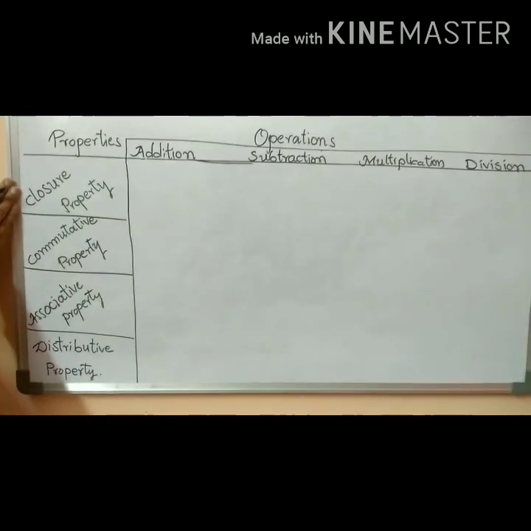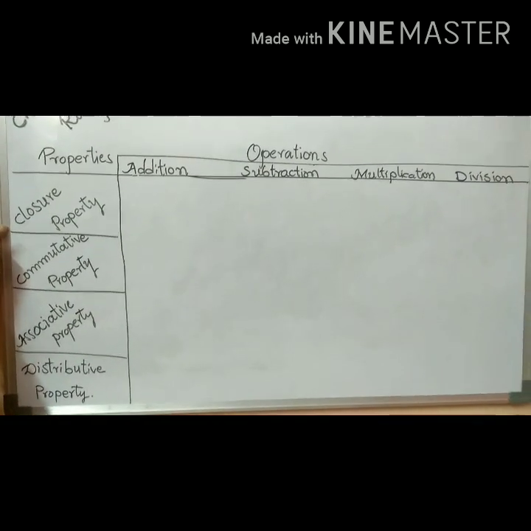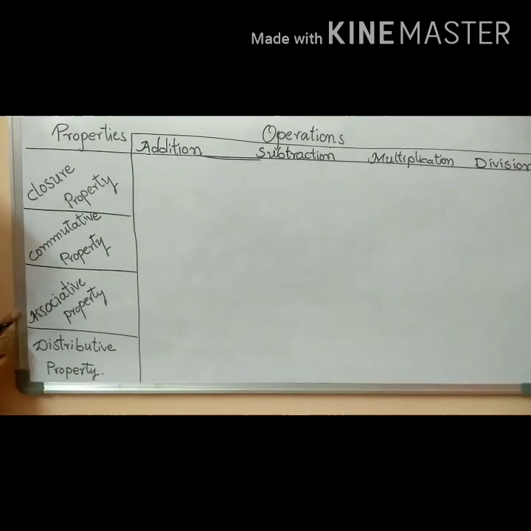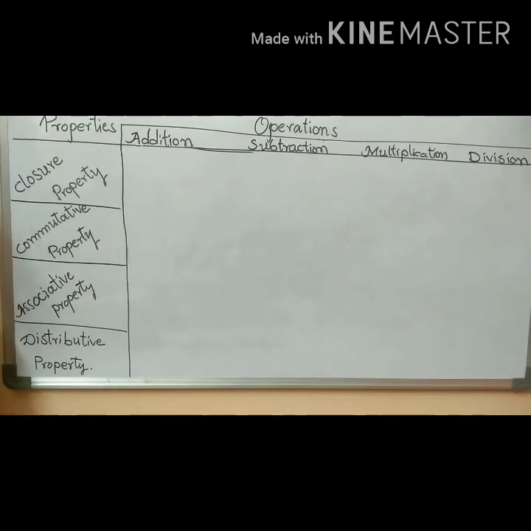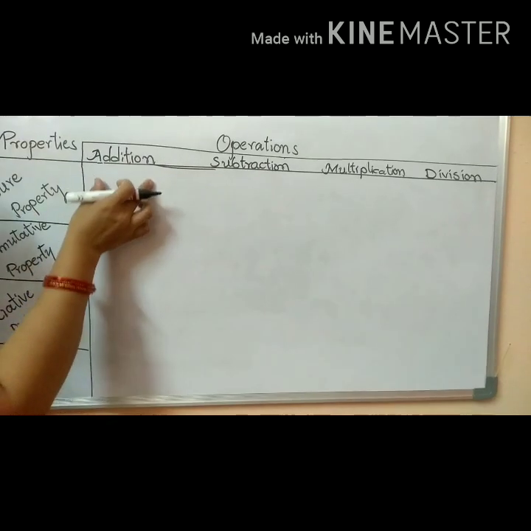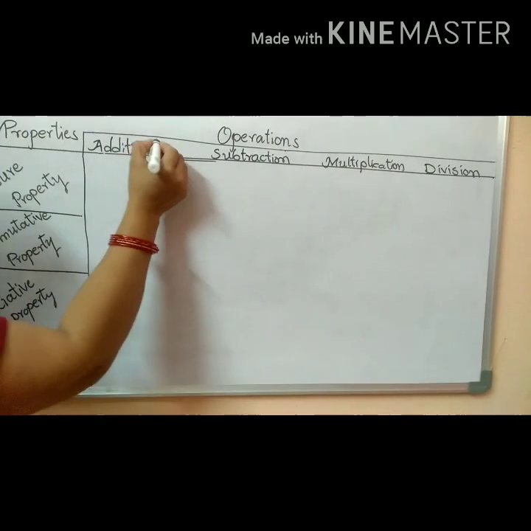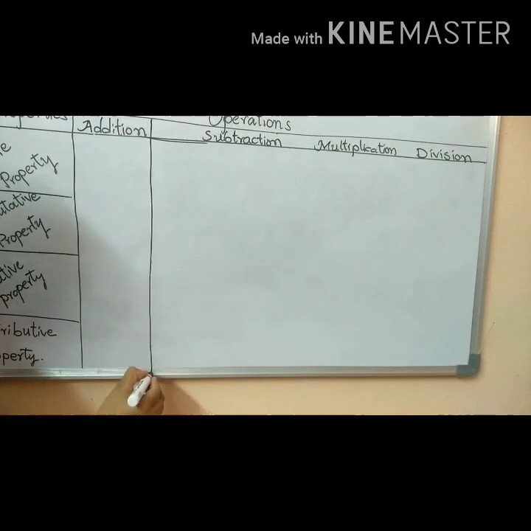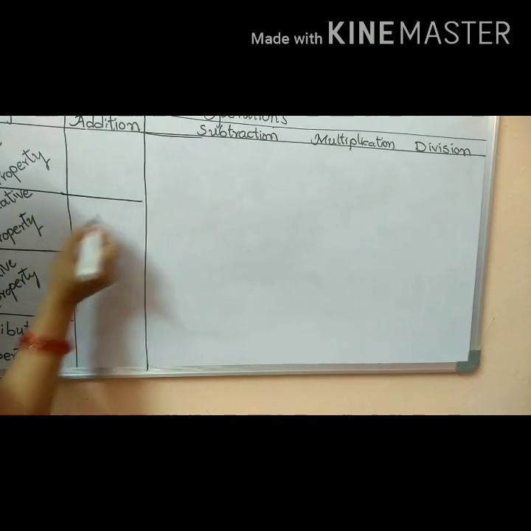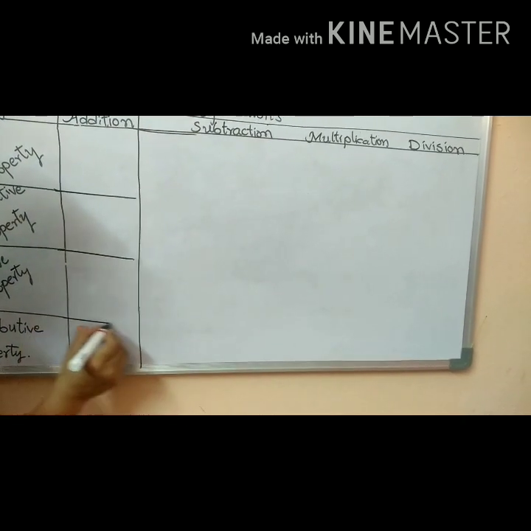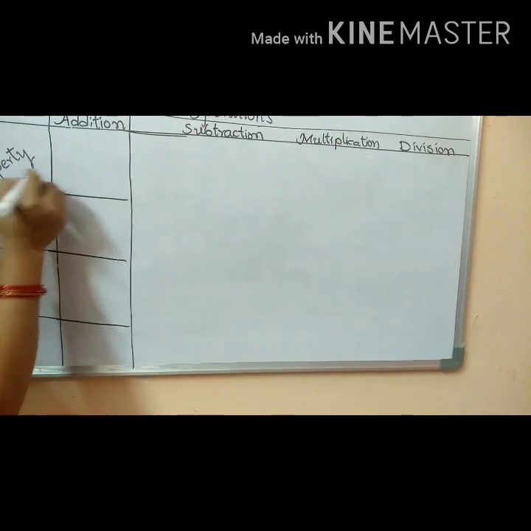So now closure property, commutative property, associative property and distributive property are completed under addition. It was already completed before the class. So is addition possible or not?